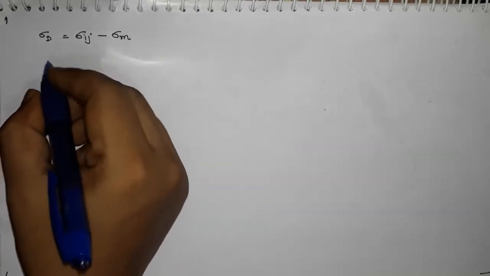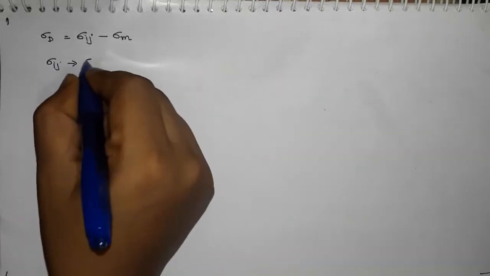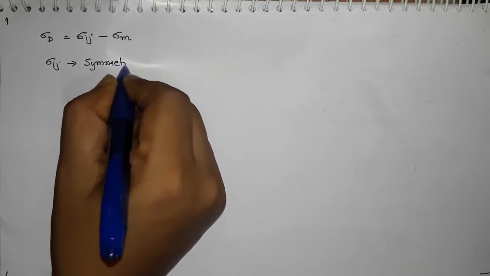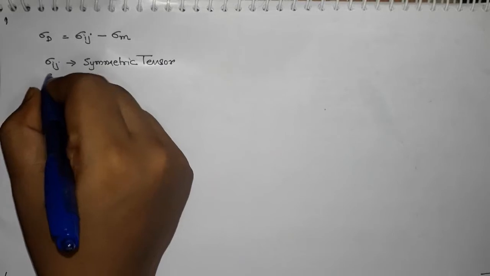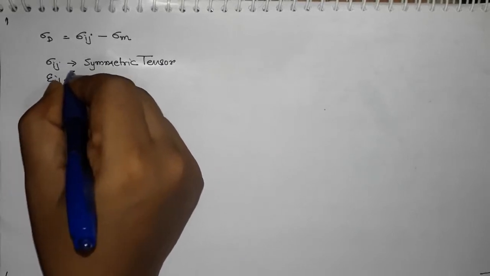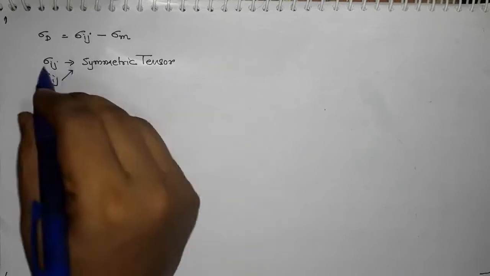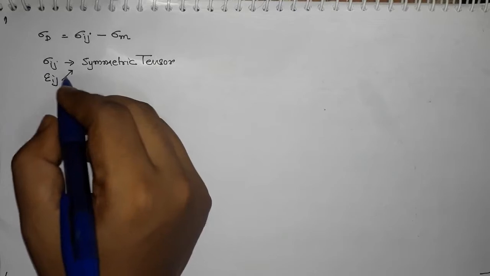And our stress tensor is a symmetric tensor, and also strain tensor is a symmetric one, because we took the antisymmetric part out of it, and in stress we don't have an antisymmetric part there.